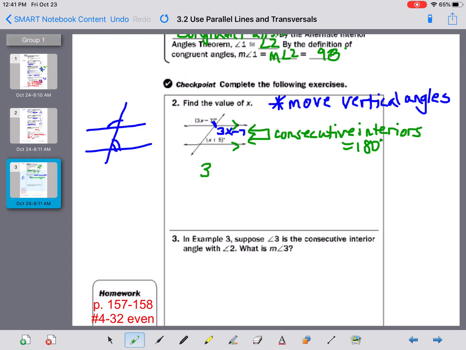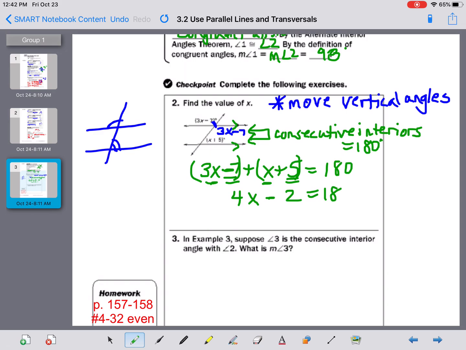So now I can say 3x minus 7 plus x plus 5 equals my 180. So I have part plus part equals whole, right? Those are my two parts. I can join my like terms, 4x, join my negative 7 and 5 to make negative 2.